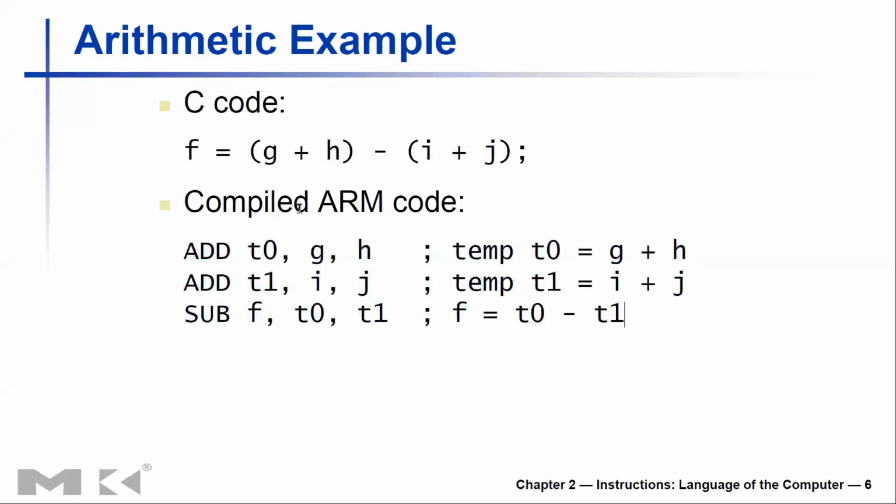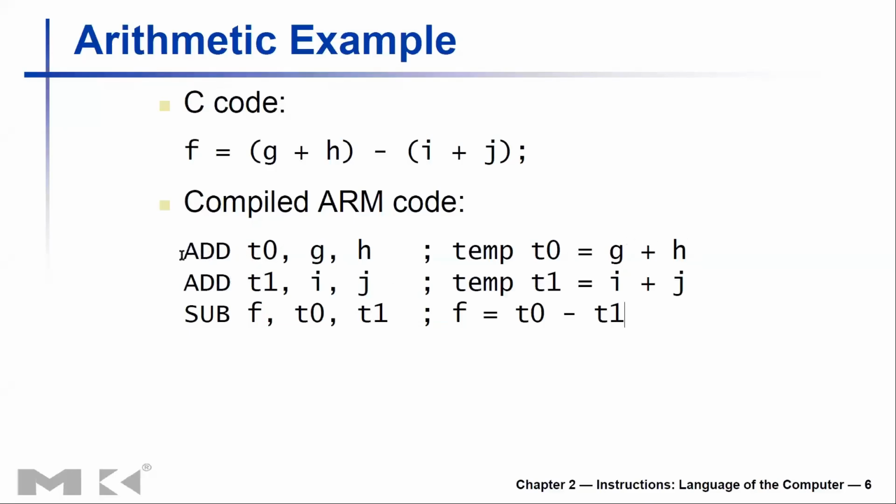If you look at the compiled ARM code of this C code line, it will look something like this. Here we are first performing an addition operation: add t0, g, h. We already looked at how the add operation works in ARM.